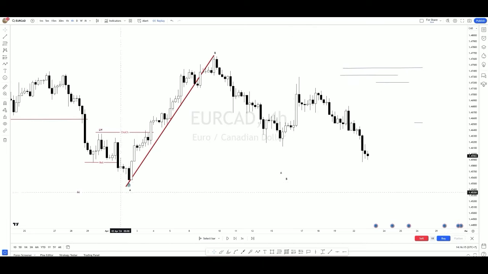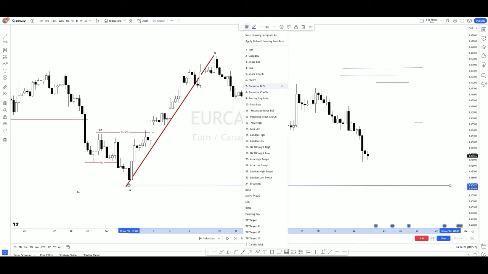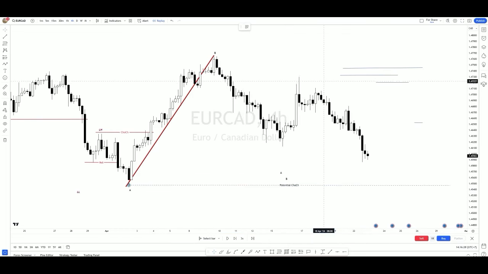I'm not having a change of character over here, correct? This A point over here is a potential change of character, right? So if the market pushes down and confirms a change of character, I will stop looking for buys and start looking for sells all from the beginning. Is that clear?